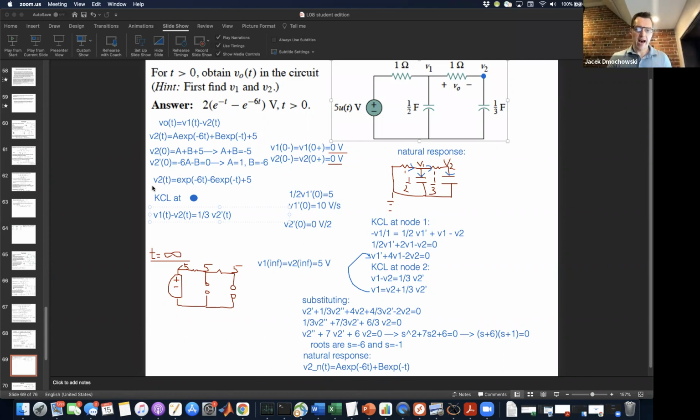And so we have an expression for V2. It means V1 of t is equal to V2 of t plus 1/3 V2 prime of t.